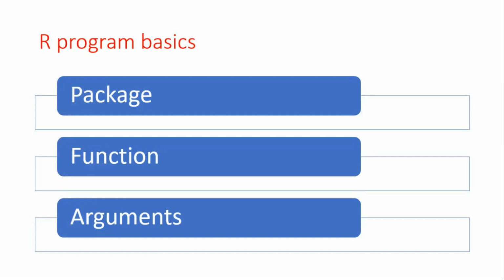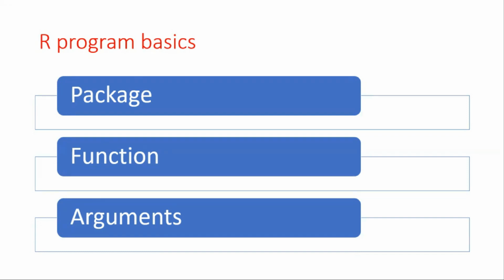All you should know is what package you need, what function under that package you need, and what type of arguments you can write under the function. If you are not interested, you can just leave the function alone. It will perform the statistical analysis for you, taking whatever default arguments are considered by the function. So this is regarding R.